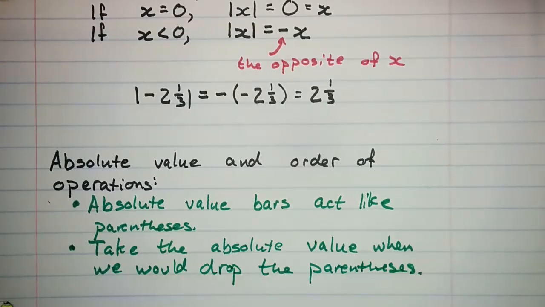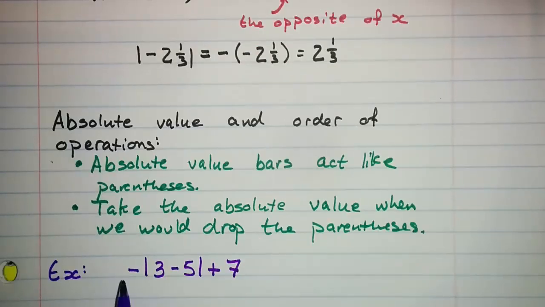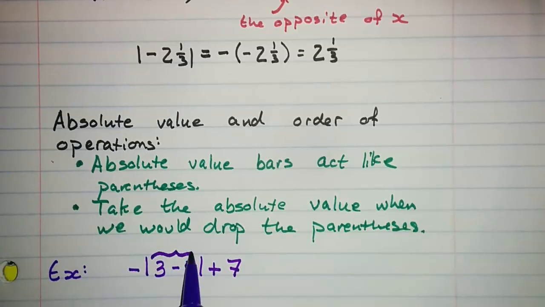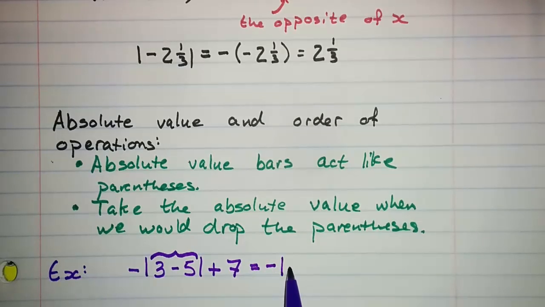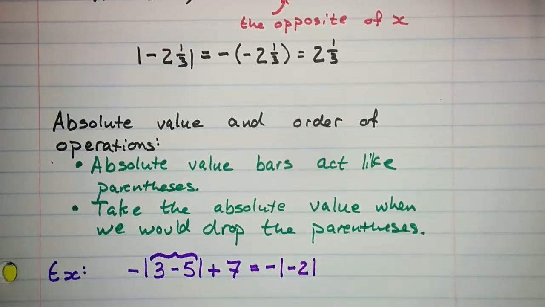So here's an example. If we want to evaluate the negative of the absolute value of 3 minus 5 plus 7, the absolute value signs act as a grouping symbol and force us to do this computation first. 3 minus 5 is -2. So we'll have negative the absolute value of -2 plus 7.